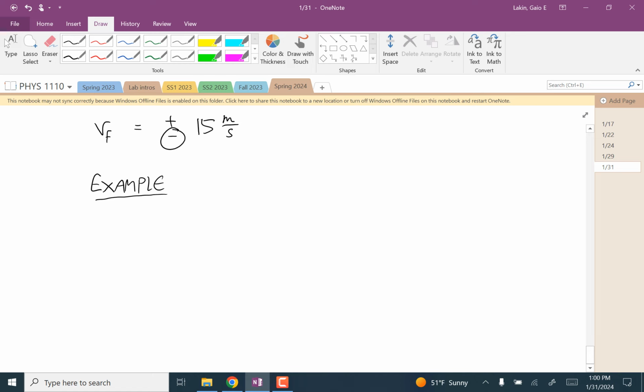So let's say that an object is thrown down towards the ground, launched down towards the ground from a height of 1 meter.